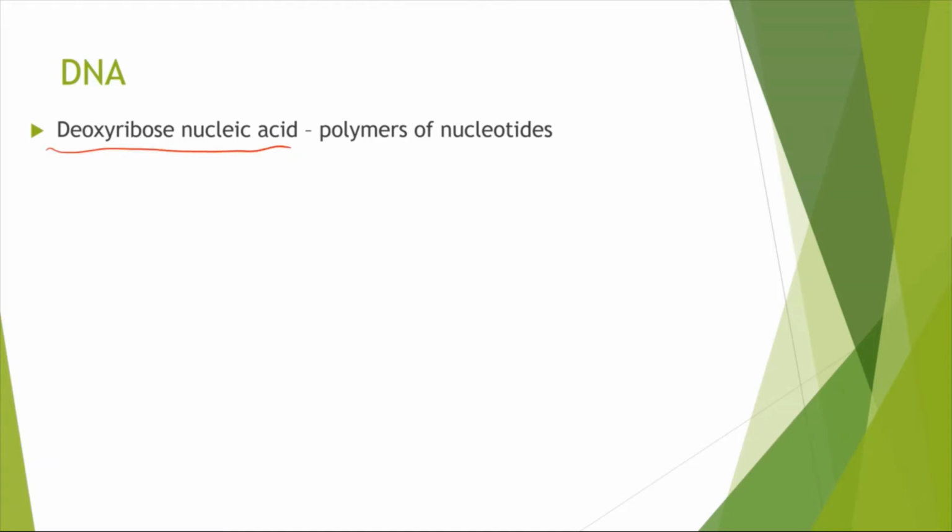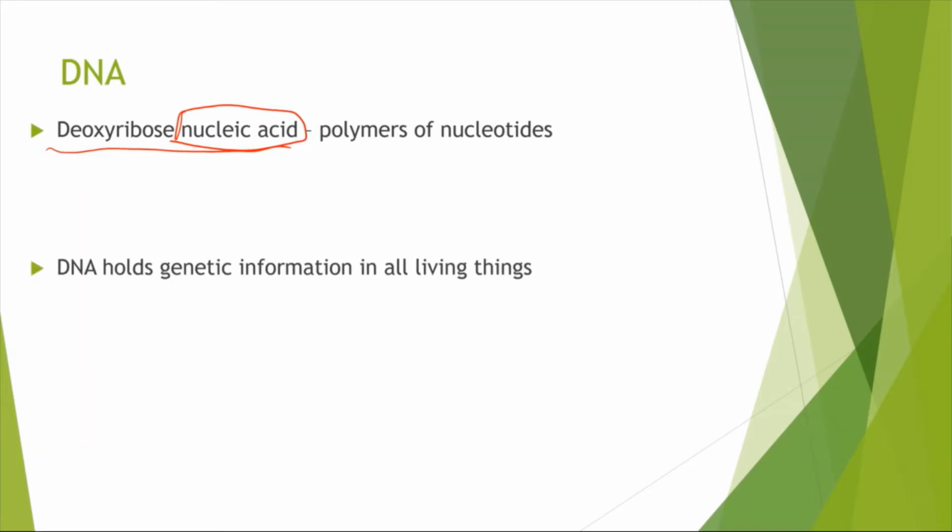Next, focusing on DNA now. DNA is also called deoxyribose nucleic acid. Make sure you know the full name. Again, it's a polymer of nucleotides. Nucleic acids are polymers, and the monomers would be a nucleotide.